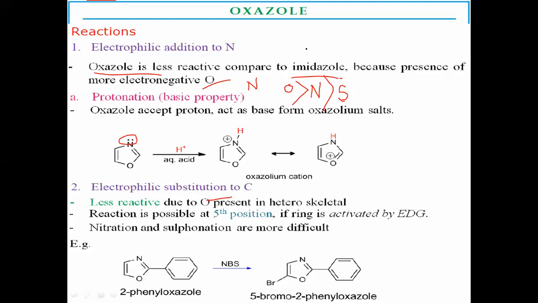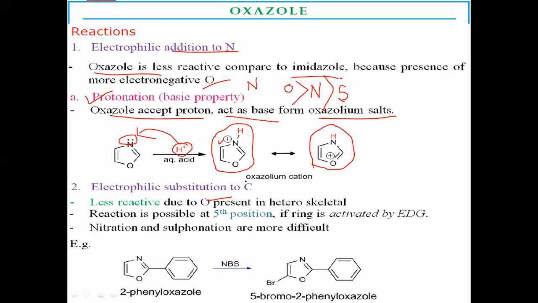So in the electrophilic addition to the nitrogen, first is protonation. The oxazole accepts the proton and acts as a base to form the oxazolium salt. Here the proton directly attaches to the nitrogen, and after sharing the unshared electrons, this nitrogen acquires a positive charge.